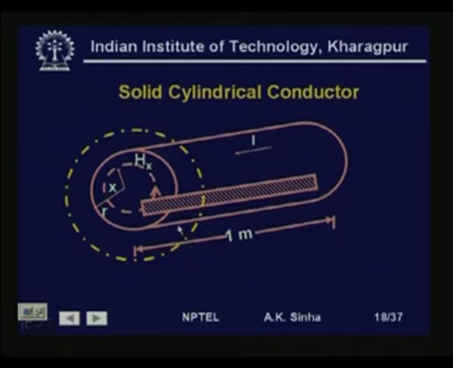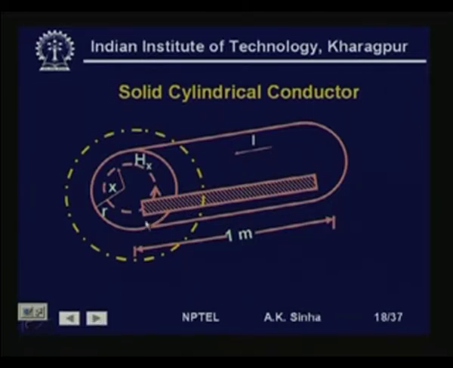Now, this conductor is carrying current I. Since the current cannot flow in just one conductor, there has to be a return conductor. Here we are assuming the return conductor is at a very far away distance, so it does not affect the magnetic field produced by this conductor, that is, it is at an infinite distance from this conductor. So, that is one assumption that we are making.